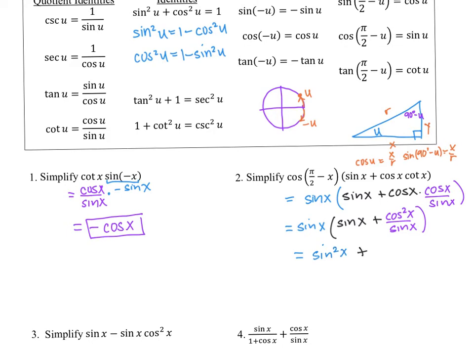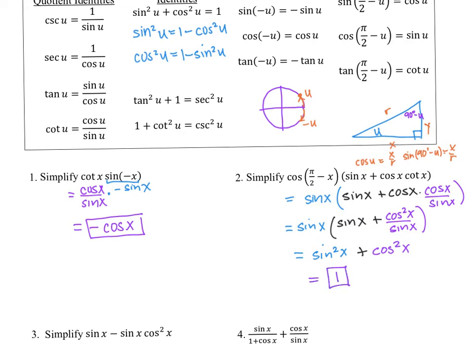Okay, and if I do sine x times cosine squared x over sine x, the sine x and the sine x cancel. So I'm left with cosine squared x. Okay, and then once I get here, sine squared x plus cosine squared x is a Pythagorean identity. So this simplifies all the way down to just 1.